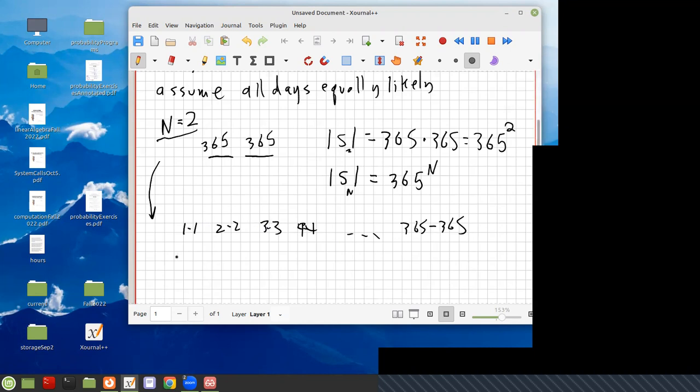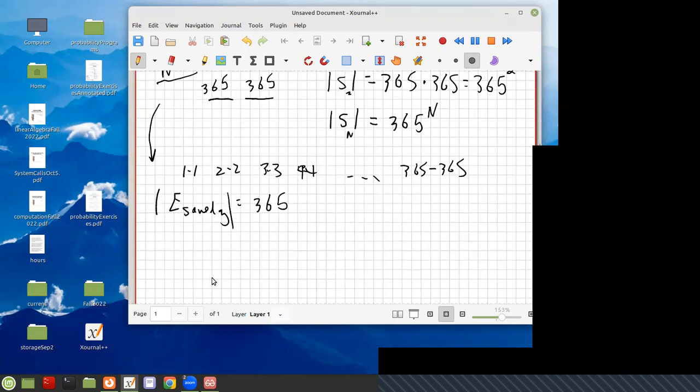Well, you can see that the event of same day is going to have the number of elements in it equal to 365. Okay, so what's the probability that two randomly selected people have the same birthday?